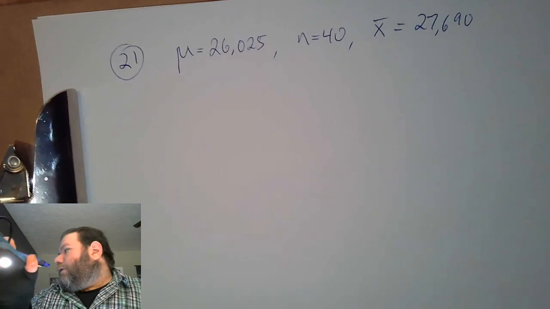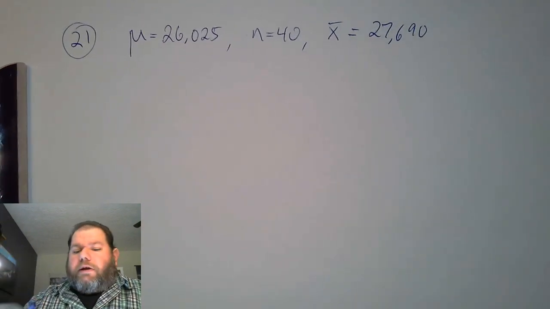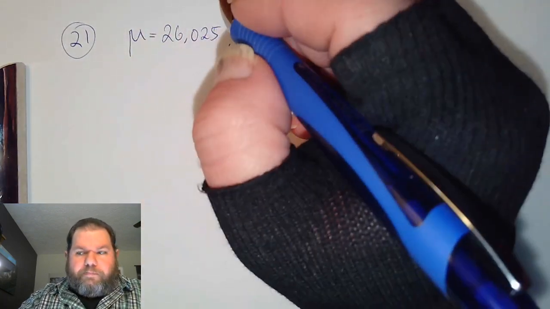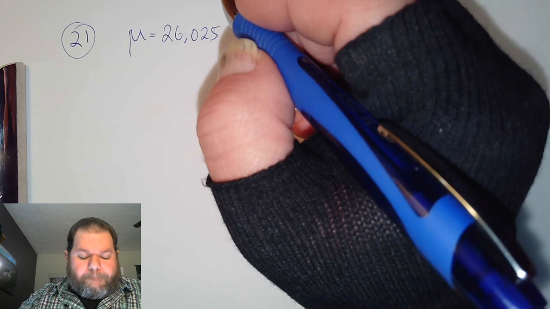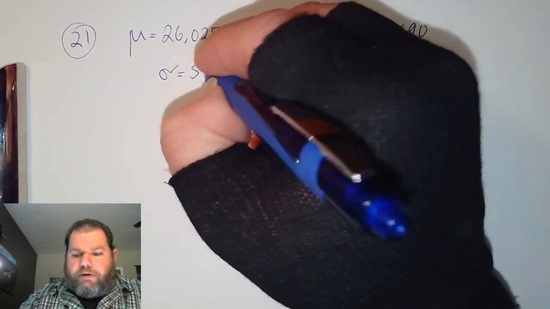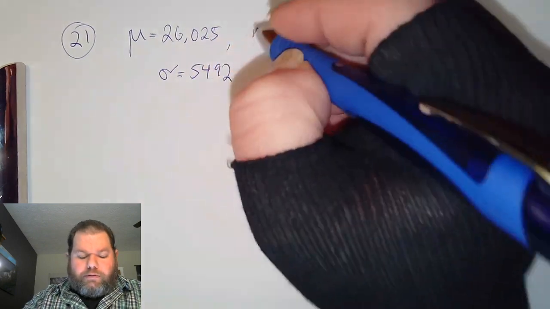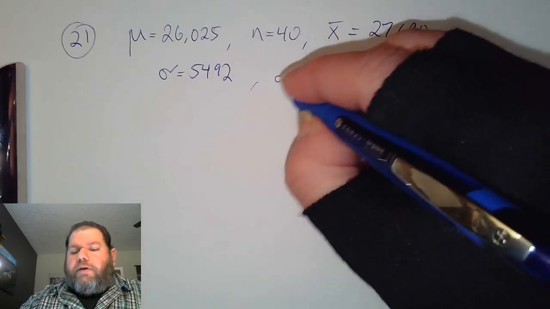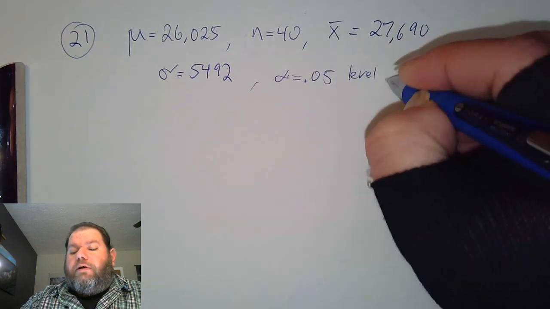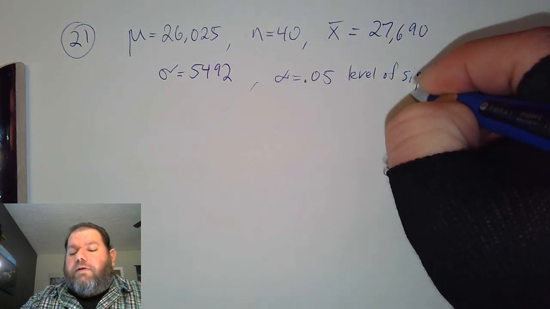Sorry, bumped the camera. And we had a standard deviation of 5492. And we have an alpha equals 0.05 level of significance.